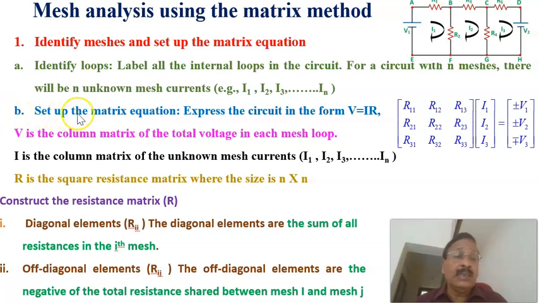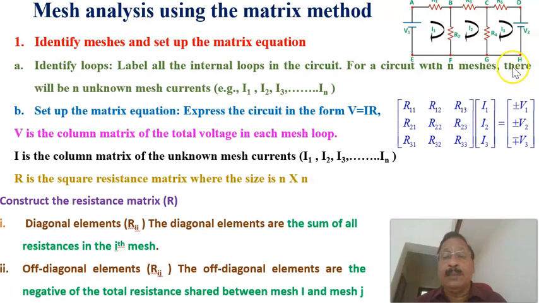Next is to set up the matrix equation, that is, express the circuit in the form voltage V equal to I into R. Here V is the column matrix of the total voltage in each mesh. That is, the first element is the total voltage in mesh 1.